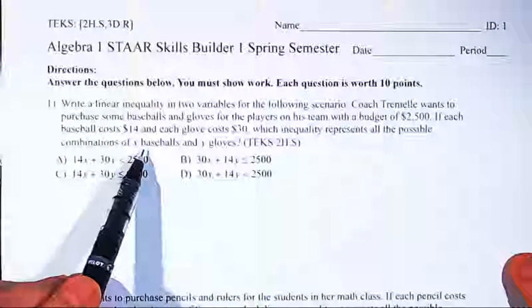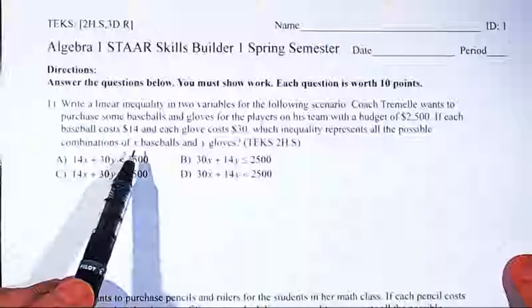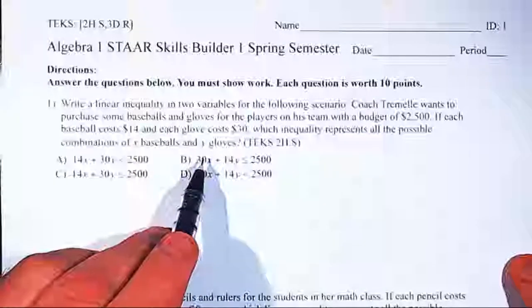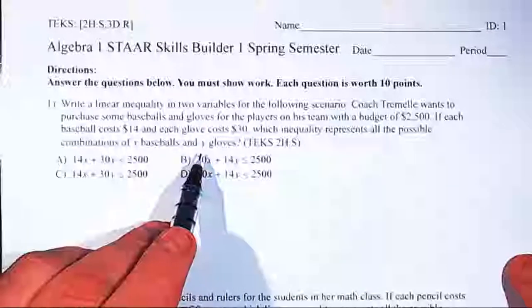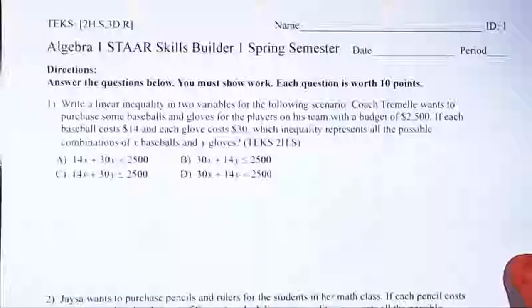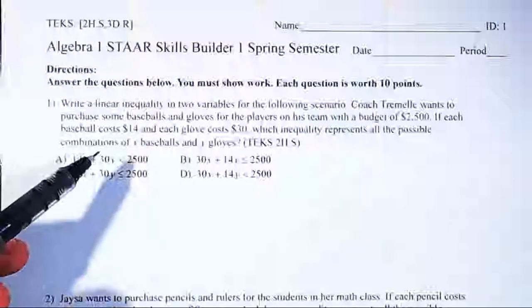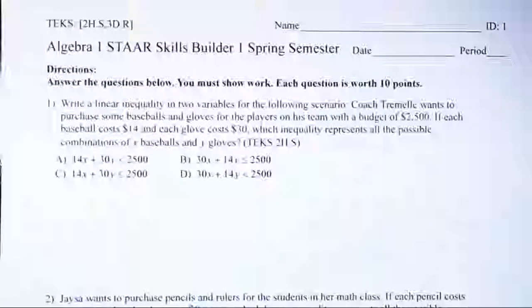But they want baseballs to be denoted by the variable X, and they want gloves to be denoted by the variable Y. Now you may find it easier to use a letter like B for baseball and G for gloves, and we can do that. I'll show that both ways.